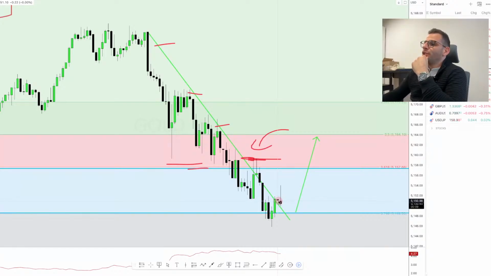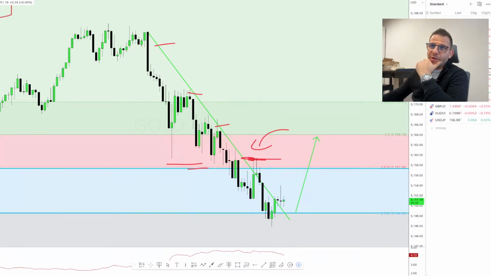There is a great chance buyers become ultimately the dominant force here around 5,147, 150, and the price moves higher. And it can happen, and someone can buy this level.